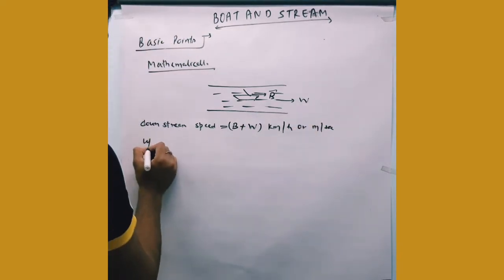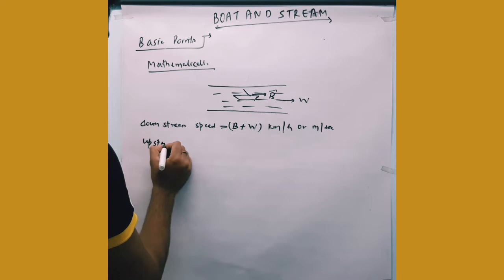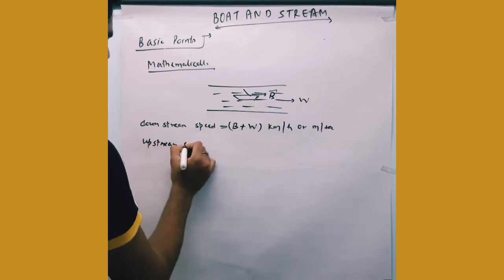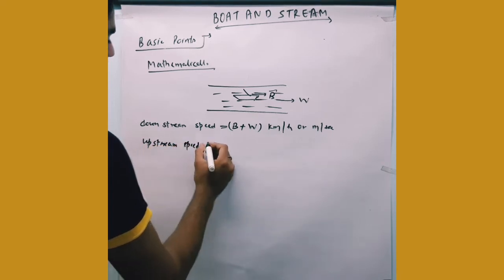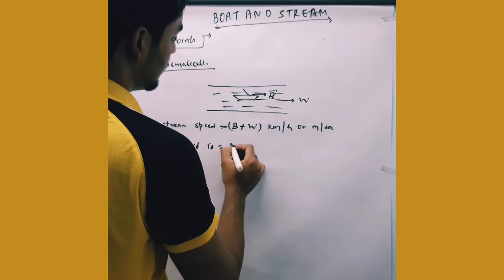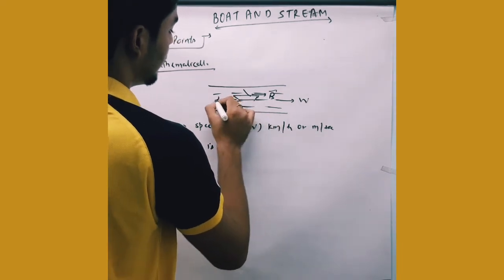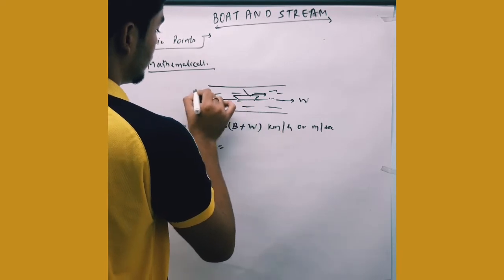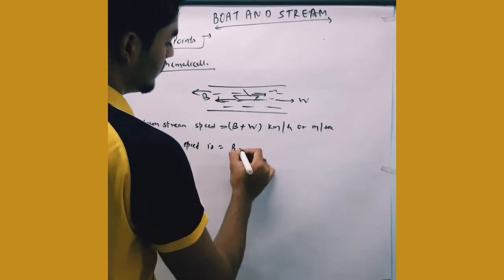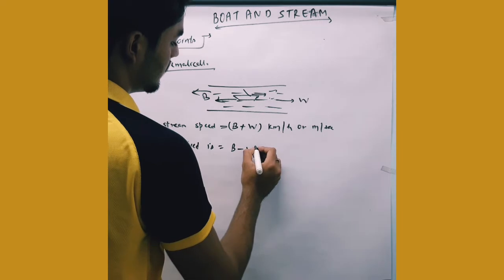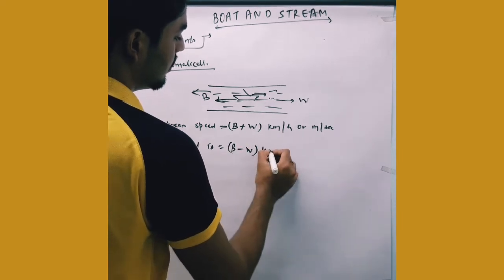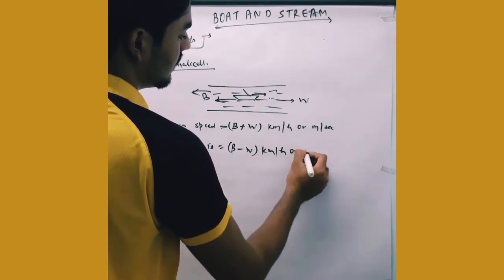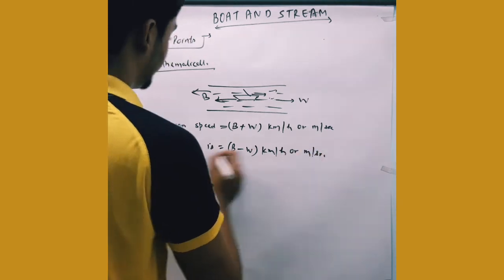In the same way, the upstream speed is when the boat is moving against the water flowing. So in this case, the speed of upstream is B minus W, kilometer per hour or meter per second.